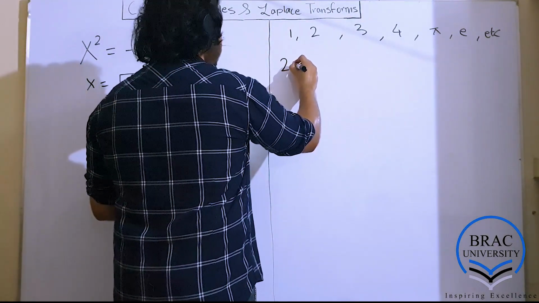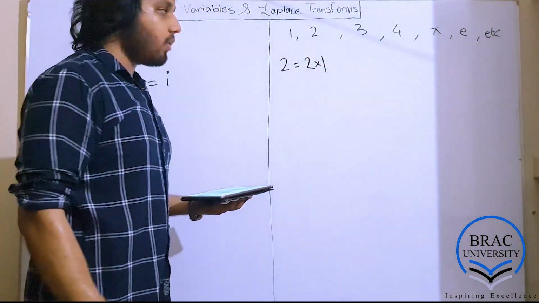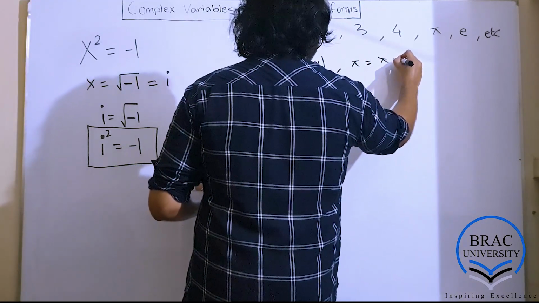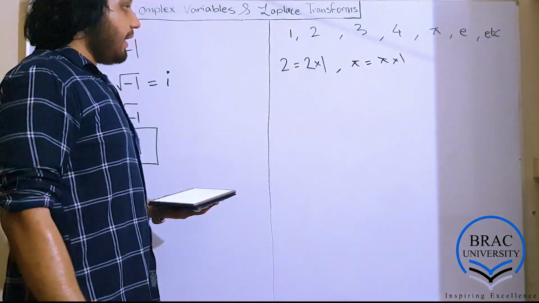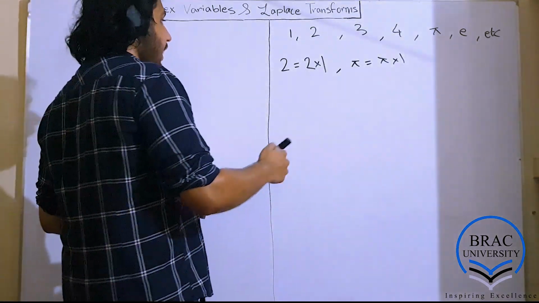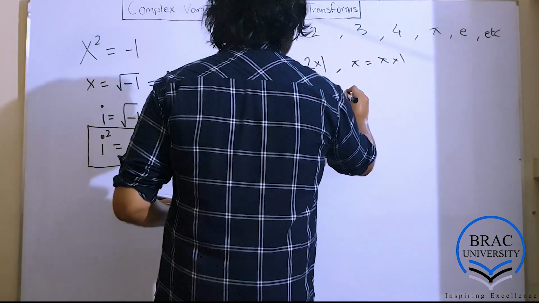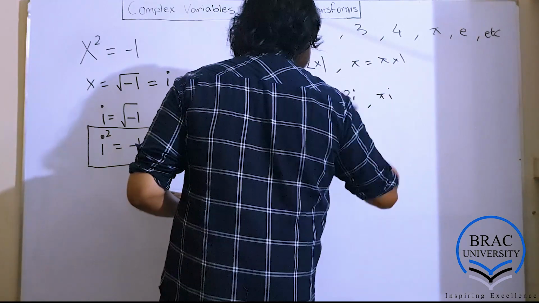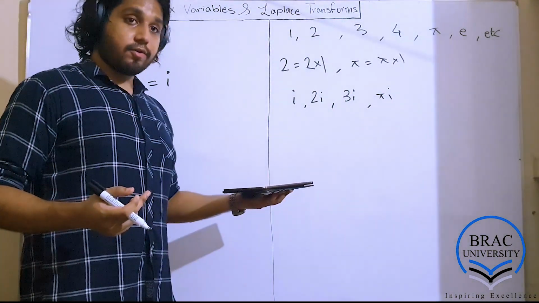You can think of 2 as a multiple of 1, or pi as a multiple of 1. You get 2 when 2 is 2 times 1. In the same scenario, say you want to write an imaginary number: i, 2i, 3i, or pi i, because I want to stress the fact that imaginary numbers also contain irrational numbers.